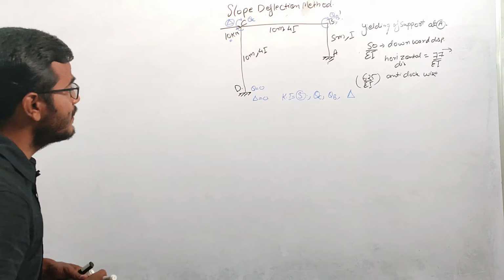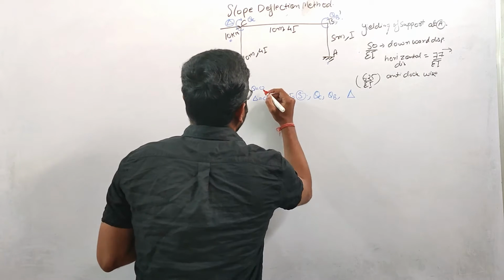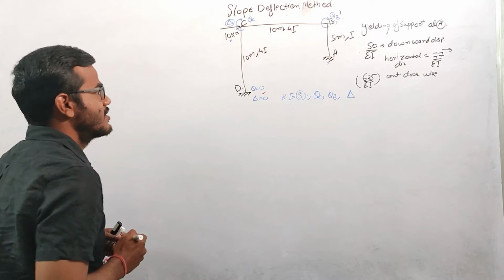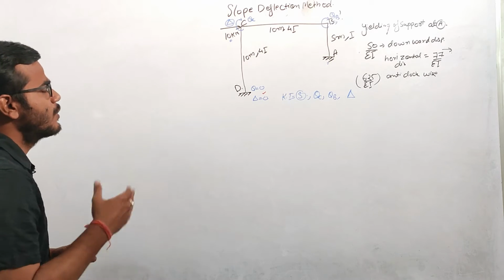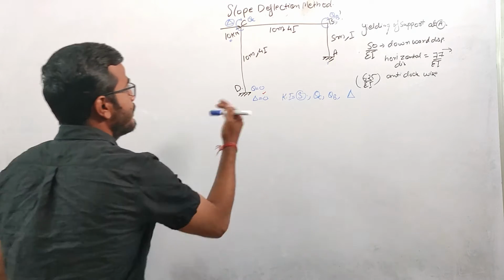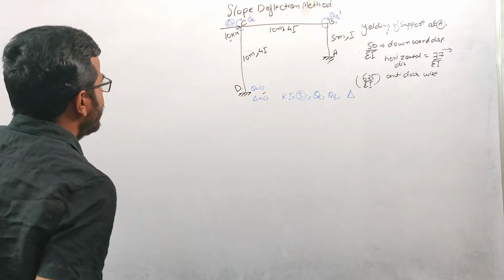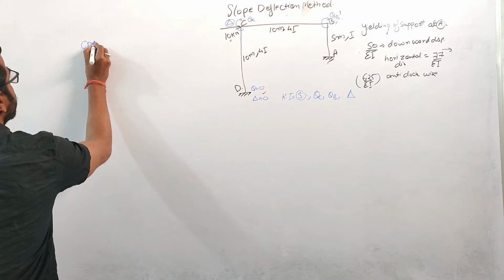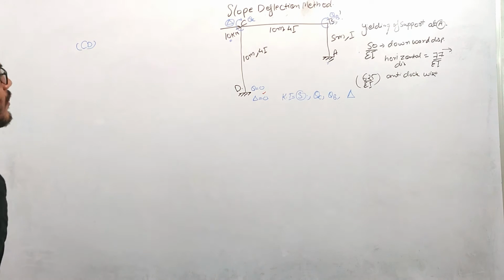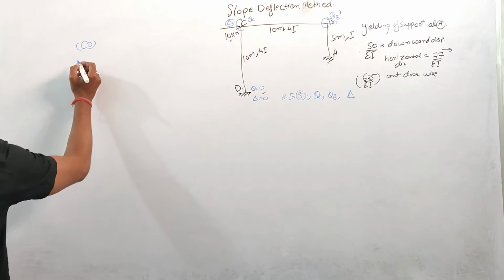So this thing is done. Now the next step is to write the slope deflection equation, and we need to consider this delta term also, for different parts. Let us come to this member CD. For CD, consider this joint.